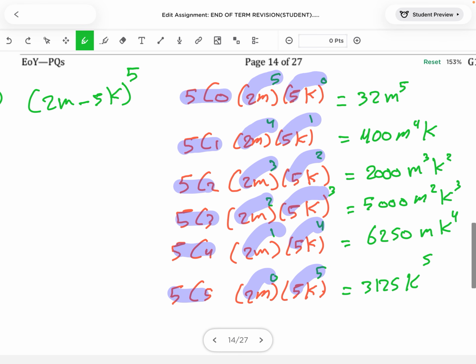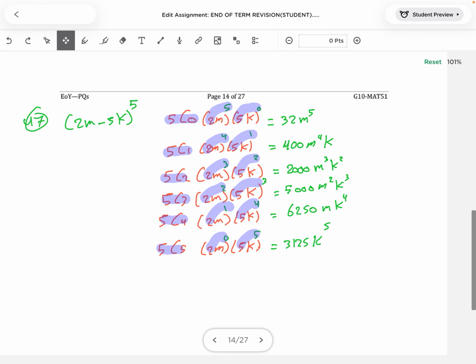Now, how can I write this? Since I have a negative here, the signs will be alternating.